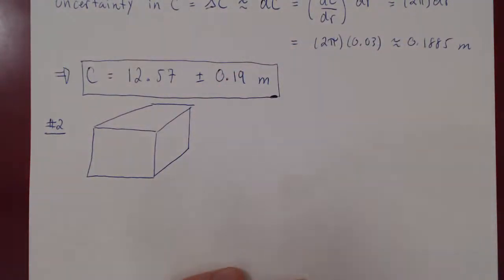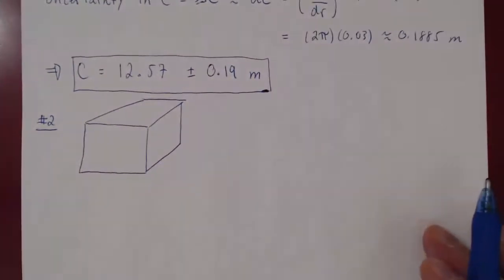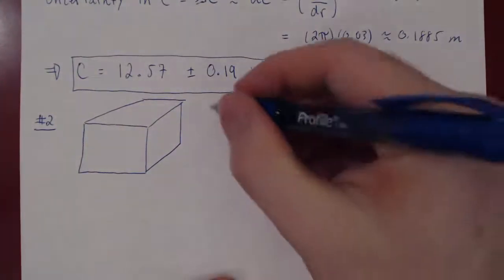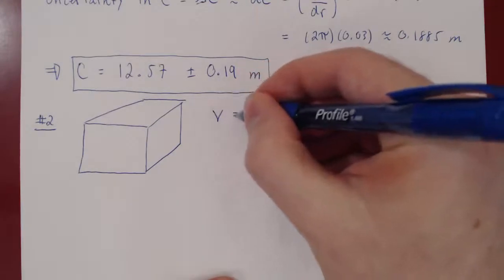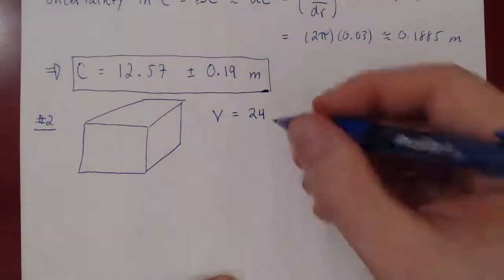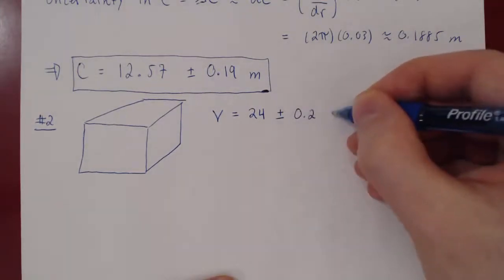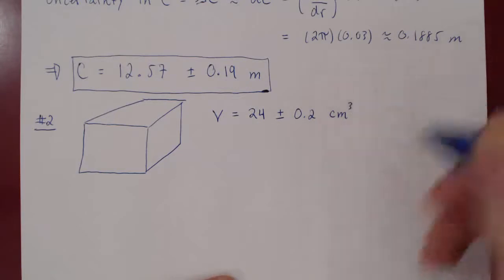And we have found its volume. So imagine that you had a beaker and you submerged the cube into water, and you found the volume of the cube to be, let's say, 24 centimeters cubed, plus or minus an error of 0.2 centimeters cubed.